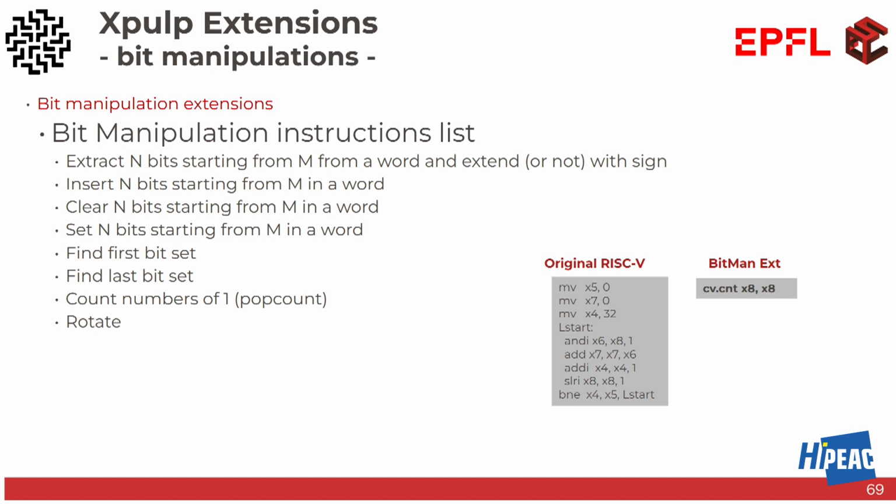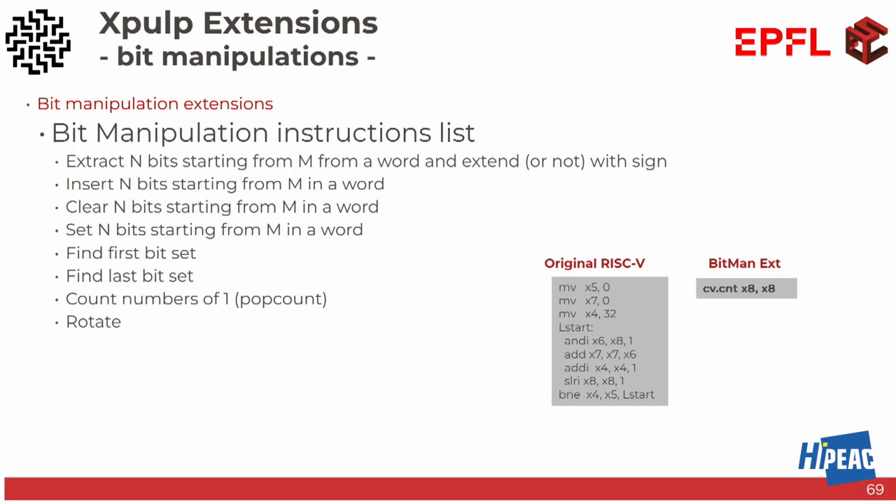But also in the example we said two days ago, when you have to count the number of ones in a word, this is, for example, the example I'm printing in this slide. So we added a pop count instruction, which is simply another tree of single bits.